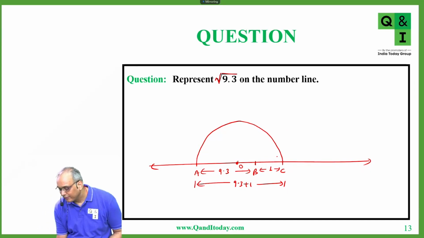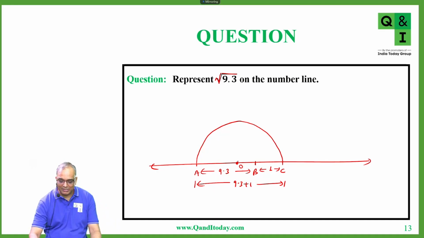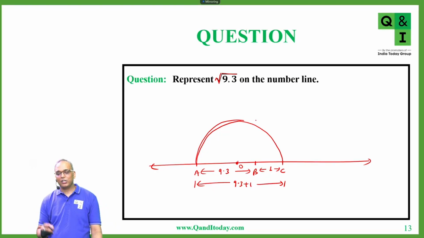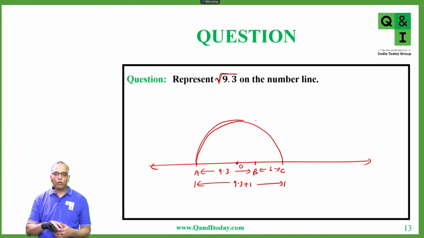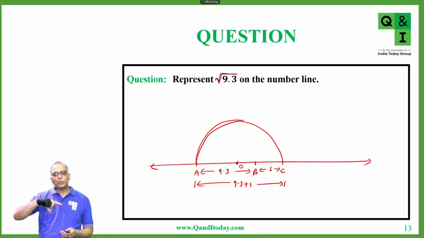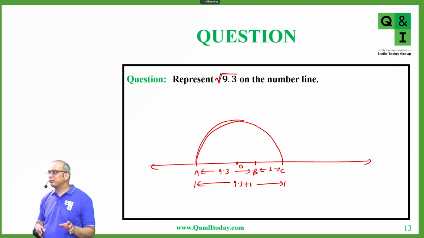So on the copy, you will keep the compass at O and draw this semicircle having the radius as OA. Is this clear till this point?